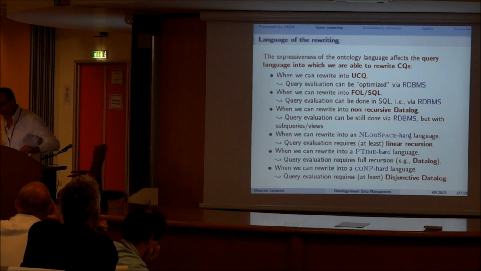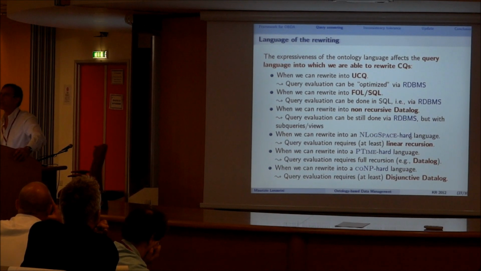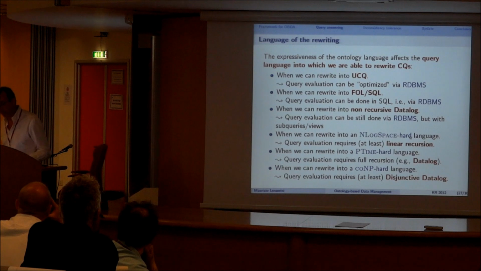Obviously, the expressiveness of the ontology language affects the query language into which we are able to rewrite conjunctive queries. If the language of the ontology is such that I can produce the perfect rewriting in the language of union of conjunctive queries, then I can really rely on database management systems.